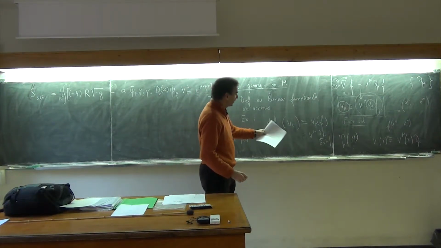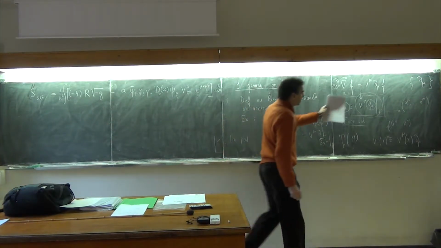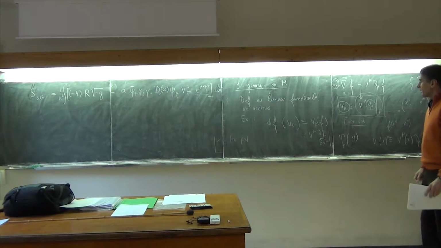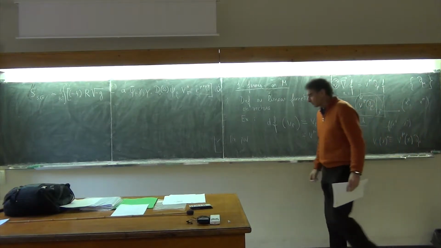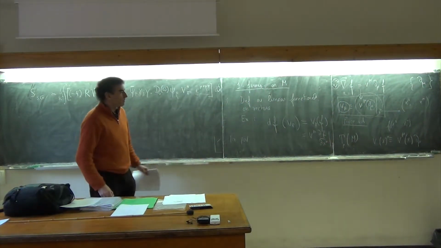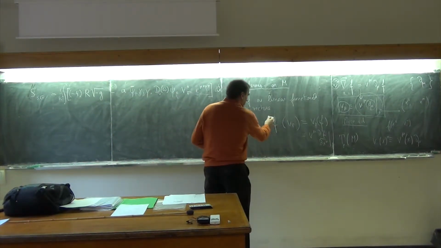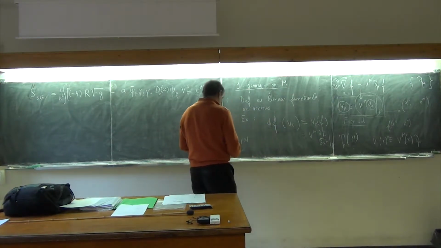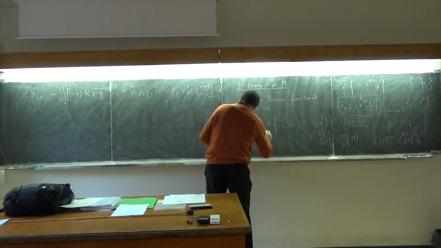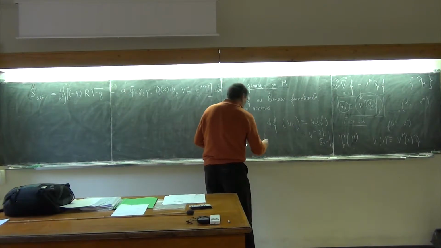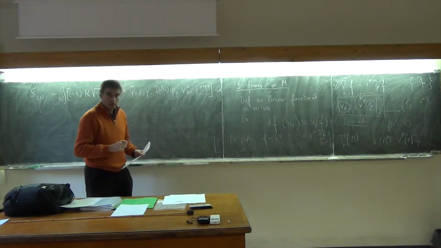Okay, so I defined for you a linear functional. Why is it linear? Because this is a linear operator and so on. And it is a functional because it brings a vector into a number, into R. This is the definition of the exterior derivative of a function acting, since it is a one-form, on a vector. Now, in particular, you can choose f to be the coordinate function. This is a particular function.